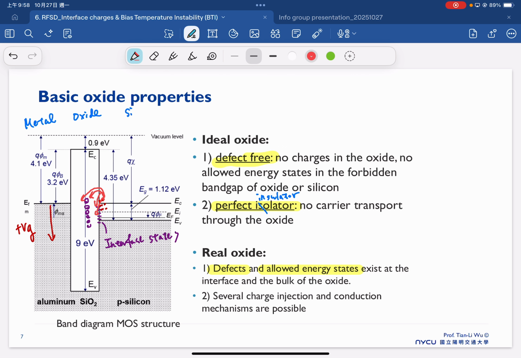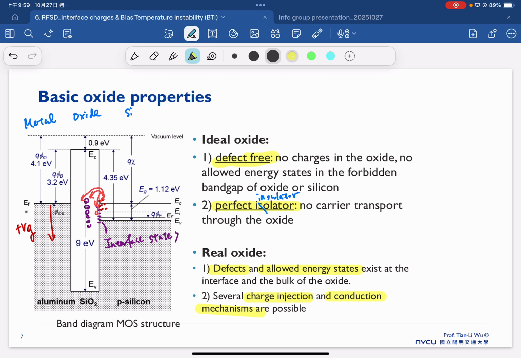That's why we need to understand the charge injection and conduction mechanism, because how these carriers are injected is also one of the main reasons leading to these trapping issues.